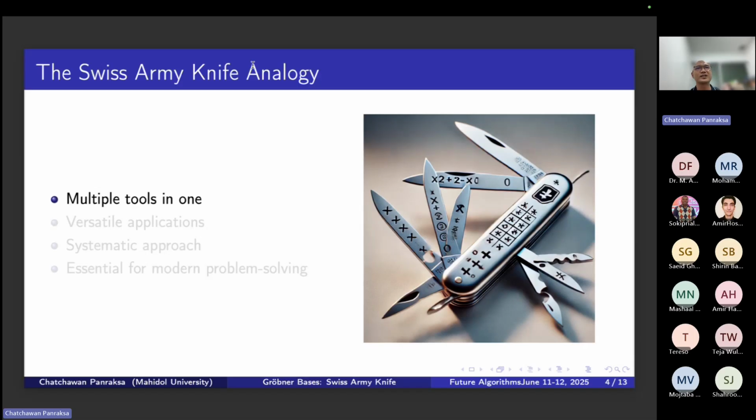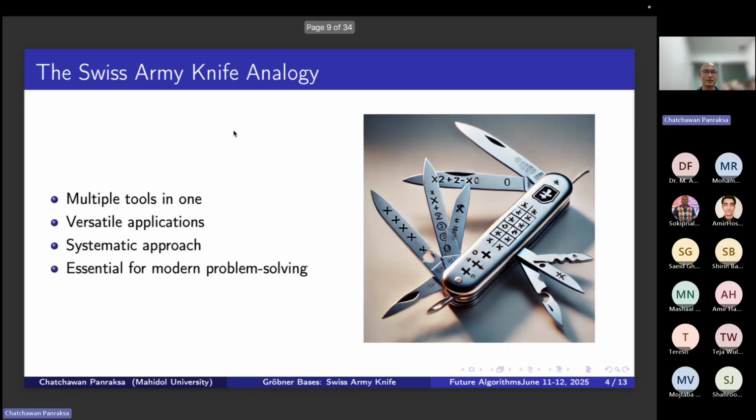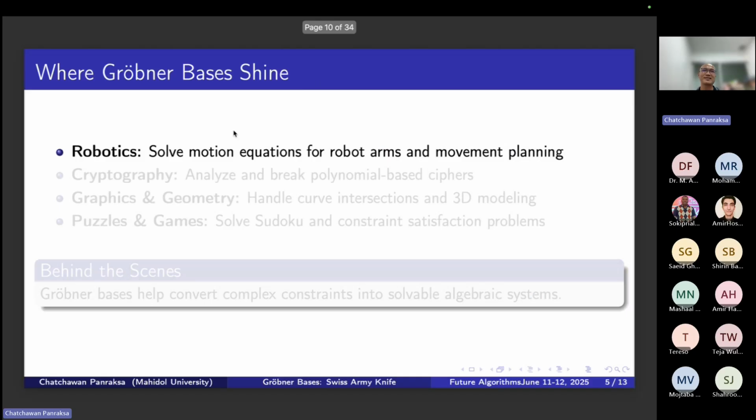So when you encounter a problem related to polynomials, or a set of polynomial constraints, whether in robotics, graphics, or even puzzle solving, Gröbner bases offer you the go-to tool. It is going to be fun to use as well. It doesn't have to be serious mathematics. When you solve a puzzle, you can think about Gröbner bases as well.